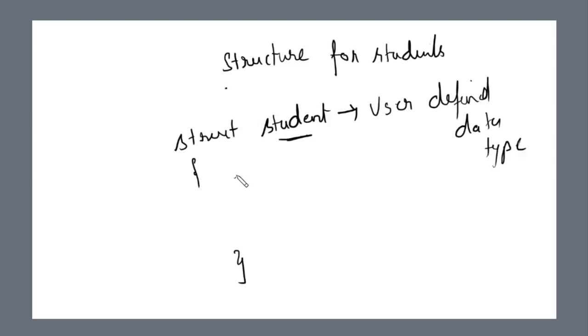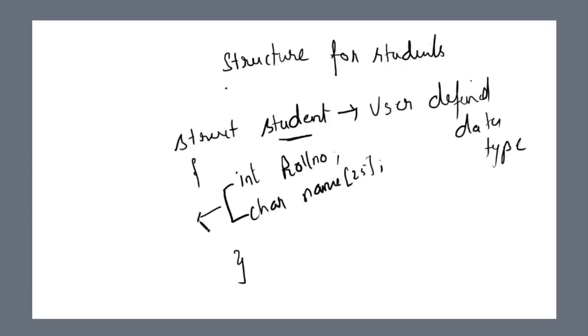Fine. What values this data type can store, we have to give within a block. For example, this student data type can store an integer value, which I'm taking as roll number, and it can store a name, for example char name of 25. So now these are two different data values: one is an integer type of value and the other is a character type of value.